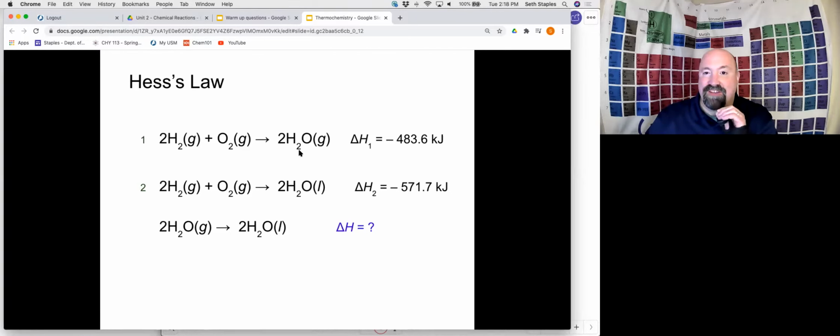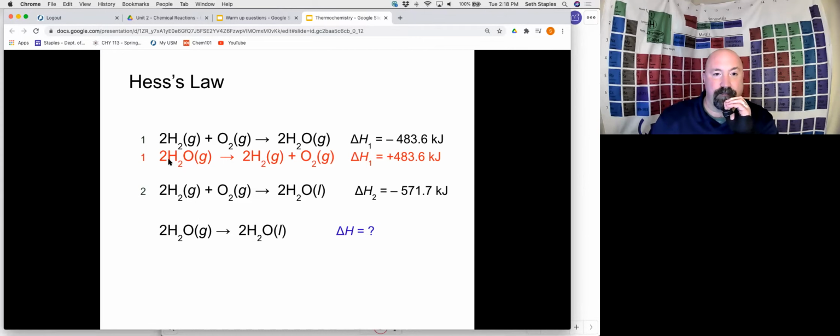So we're going to reverse that equation. We're going to flip that equation around. And remember that when we do so, that reverses the sign of our enthalpy. And so we get this. So now we have 2H2O gas gives us 2H2 plus 2O2, and that reverses our sign to now positive 483.6.